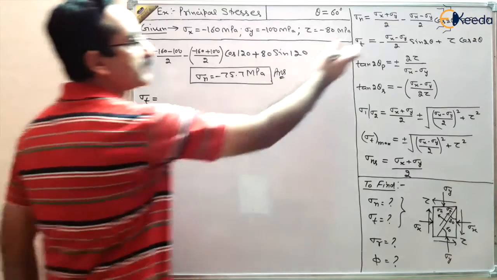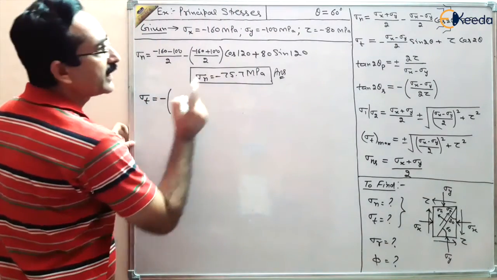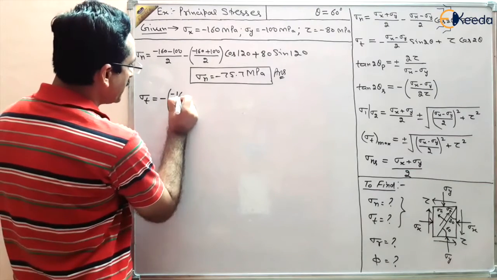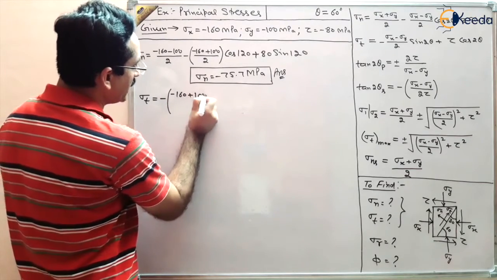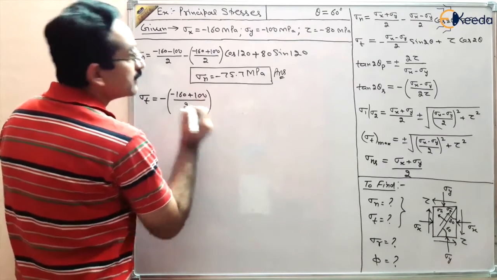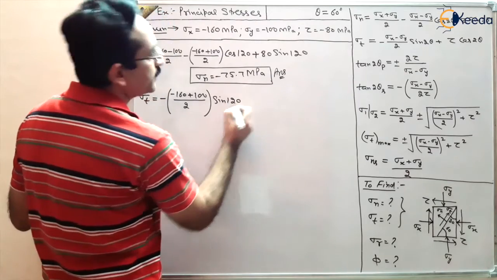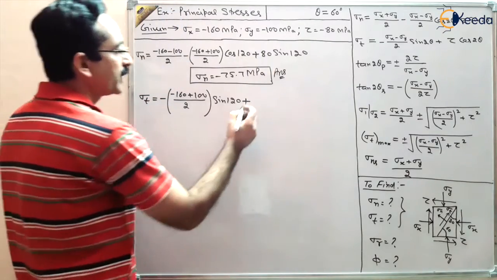For sigma t, you can use the ready-made formula: minus (sigma x minus sigma y) by 2 sine 2 theta, sine 120, plus tau, which is minus 80.